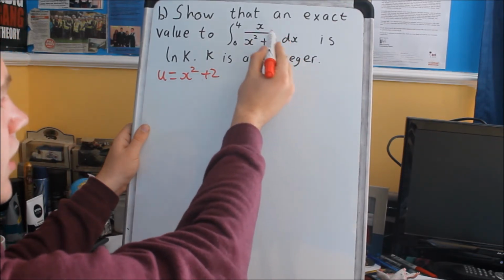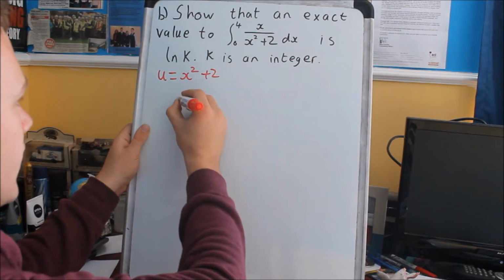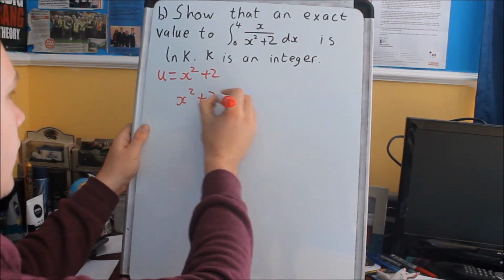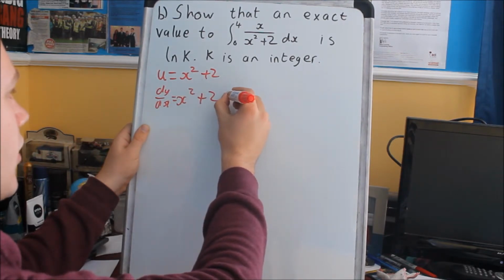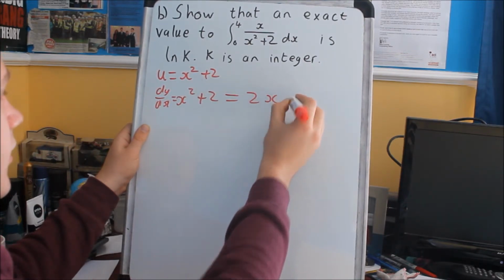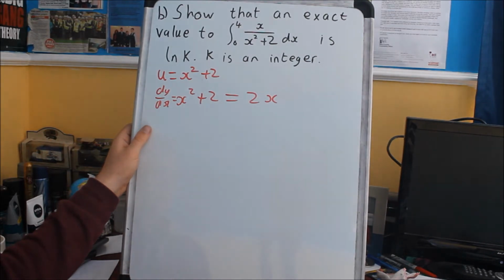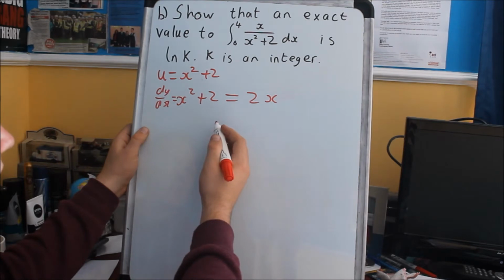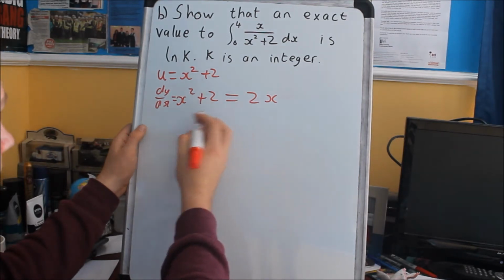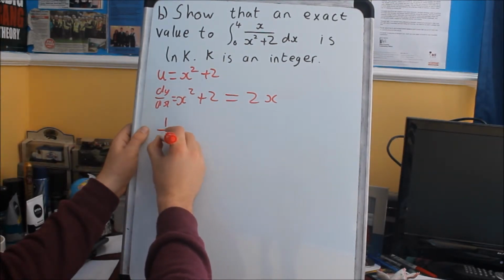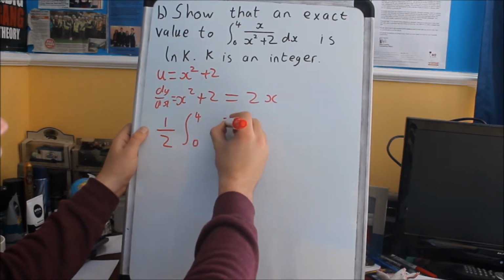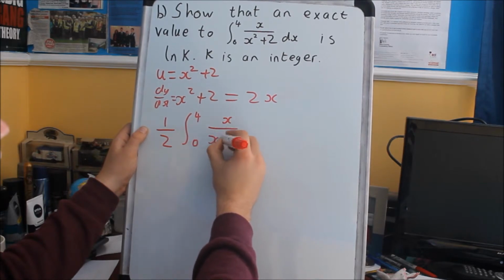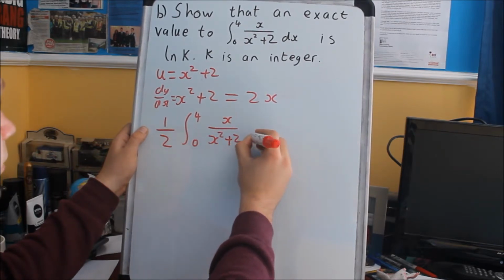So if we differentiate the bottom bit, x squared plus 2, if we did dy by dx of that, then we'd get 2x, just from your core 1 differentiation. So if we take a half outside of this integral between 4 and 0, x over x squared plus 2 dx.